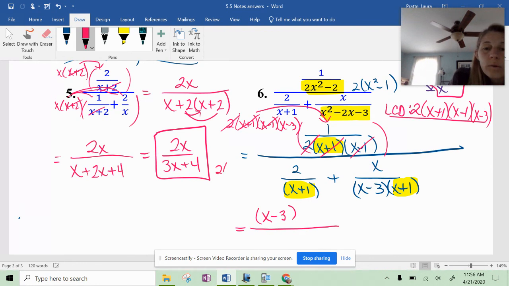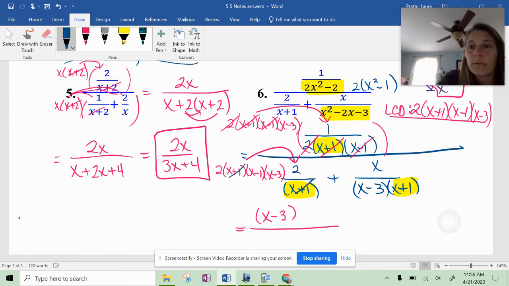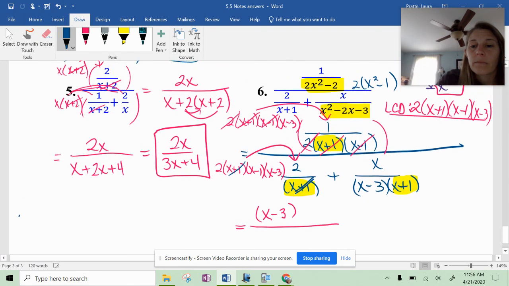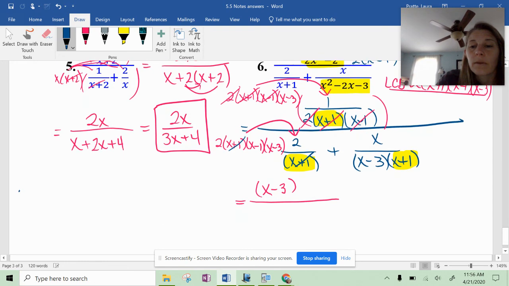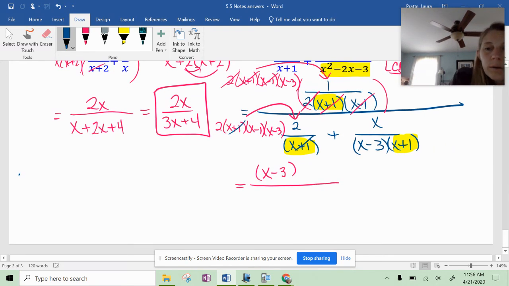Now, when I do this whole entire thing on the bottom, to the first fraction, the x plus 1's cancel, but everything else is still going to be there. So in that case, I'm going to have 2 times 2, which is 4.